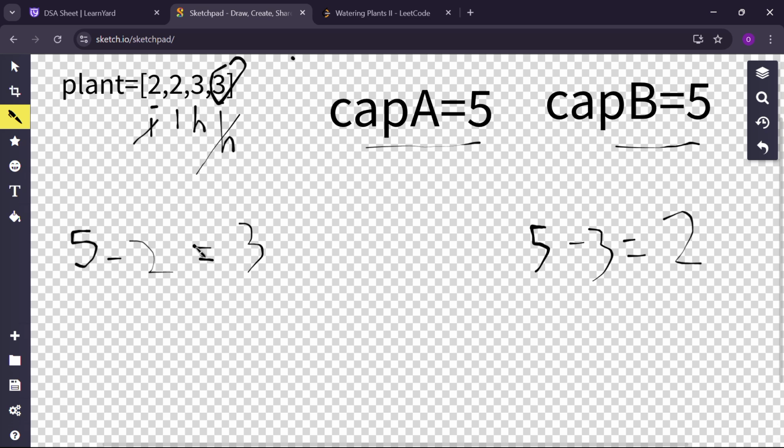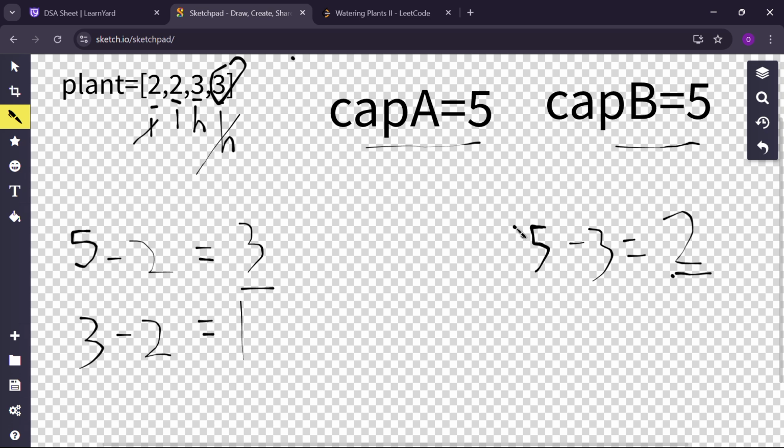Now the capacity of Alice is 3 and it needs 2 amount of water. That means yes, we can easily water this plant. 3 minus 2 is equal to 1. The job is done by Alice. But you can see here the capacity of Bob is only 2, but it needs 3 amount of water.